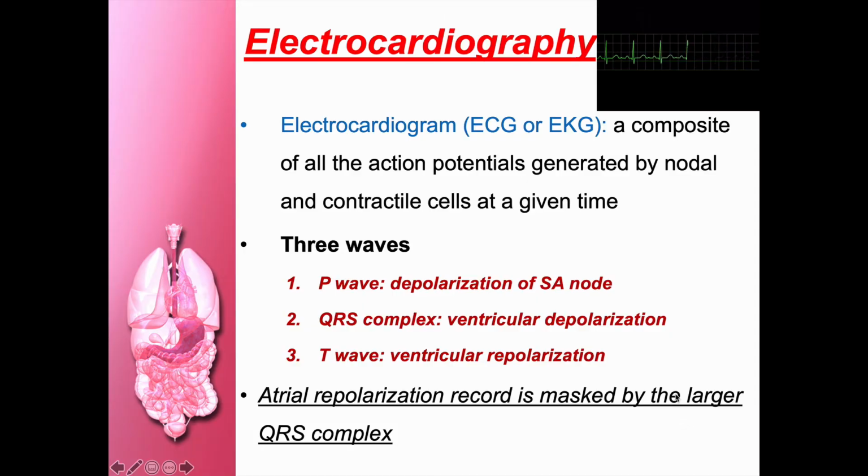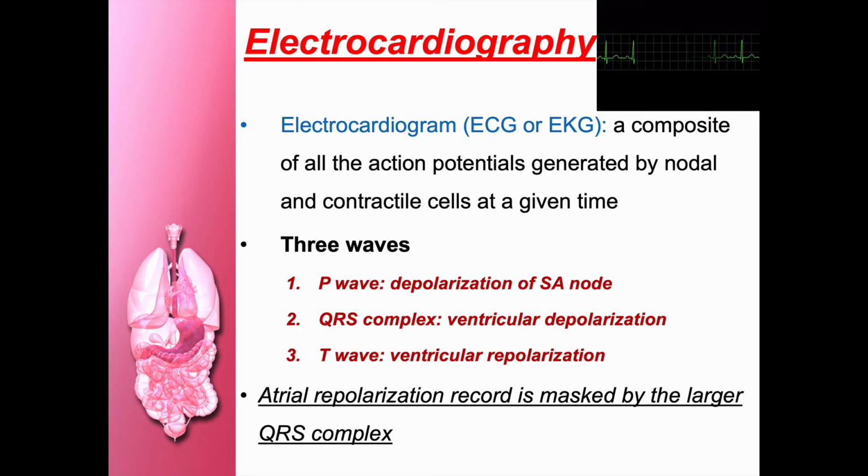To electrocardiography of this lecture. Before knowing about electrocardiography, you have to understand that there is some sort of electrical activity taking place in the heart. Because of this electrical activity, the heart muscle is contracting.